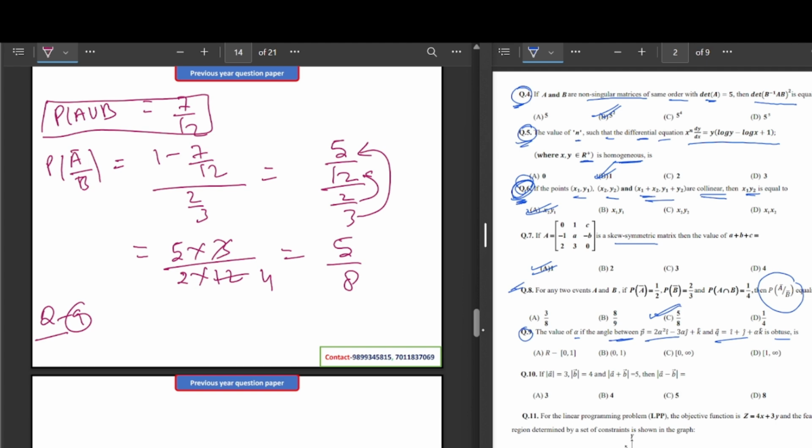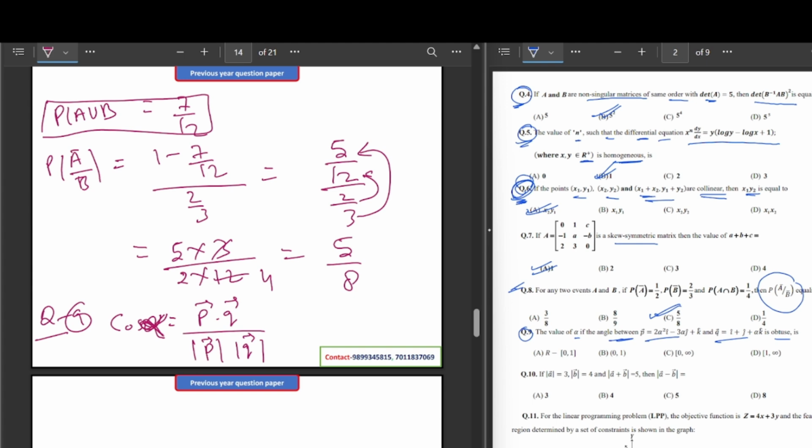So we all know the angle between two vectors: cos theta is equal to, suppose this is vector P dot vector Q over magnitude of vector P and magnitude of vector Q. This is basically the formula for the angle between two vectors. We have to find the angle between two vectors. So here the given angle is alpha, and now alpha is obtuse.